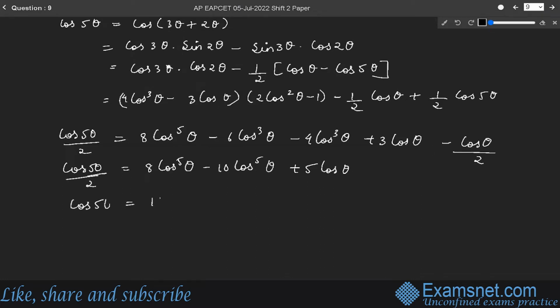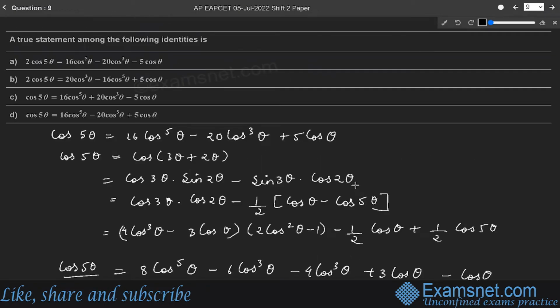Taking 2 to the right hand side, cos 5 theta will be equal to 16 cos power 5 theta minus 20 cos cube theta plus 5 cos theta. Therefore, we can say that this identity is the correct identity, which is option number D here.